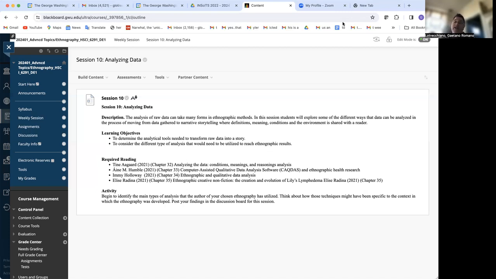This is nonfiction. It's not fiction. It is based on real data and the analysis of real data. So I think you're going to like that chapter the most, because you can start to see that transition from collecting data, analyzing data, to the craft of writing it up in a way that really reads like a story.